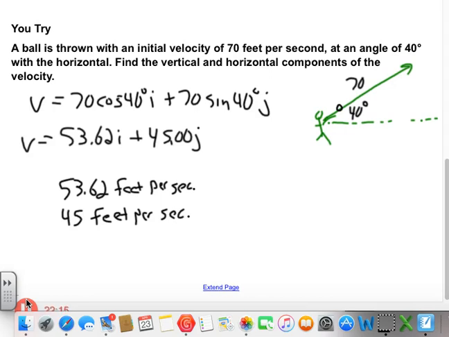So the vertical component is the j one, remember, because j is the unit vector going up and i is the unit vector going out. So 53.62 is our horizontal component.